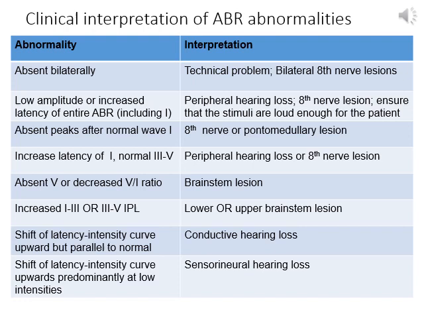If this curve is shifted upwards, but the entire curve remains parallel to a normal curve, this would suggest a conductive hearing loss. If the latency intensity curve is shifted upwards predominantly at the lower intensities, but remains normal for the higher intensities, then this would suggest a sensorineural hearing loss.